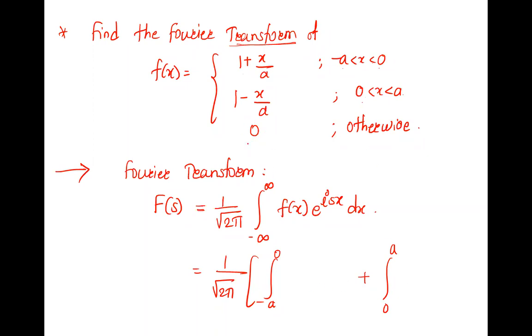In minus a to 0, f of x is this, so we write f of x into e raised to isx dx as it is. In 0 to a, the function is 1 minus x upon a into e raised to isx dx.